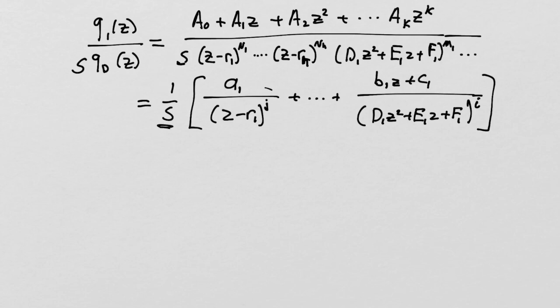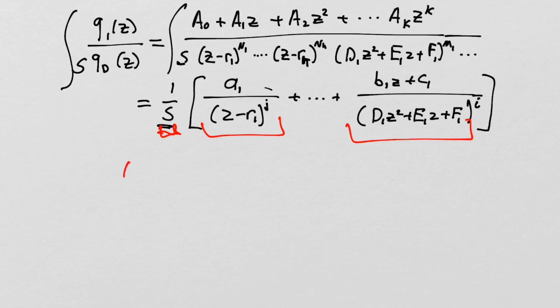And then if you remember this 1 over s, that tells us that in order to integrate this, you're going to have to be able to integrate terms that look like this, not forgetting that there's an s there. So what does it actually amount to? It amounts to integrating something that looks like some constant a.